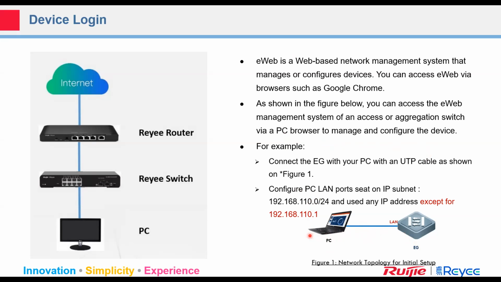You can configure your LAN PC as 192.168.110.0/24. On this PC, you can use any IP within this segment except for 110.1, which is the gateway for this EG router.